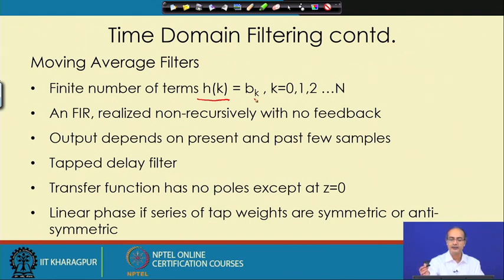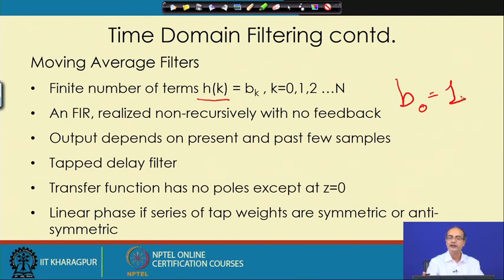So we have taken n terms, and to make it unique, usually b_0 is kept as 1, because if we scale it, all the others would be scaled, and it would be just a simple scaling of the output. This filter is an FIR filter, or finite impulse response filter, because there is no recursion or feedback here.